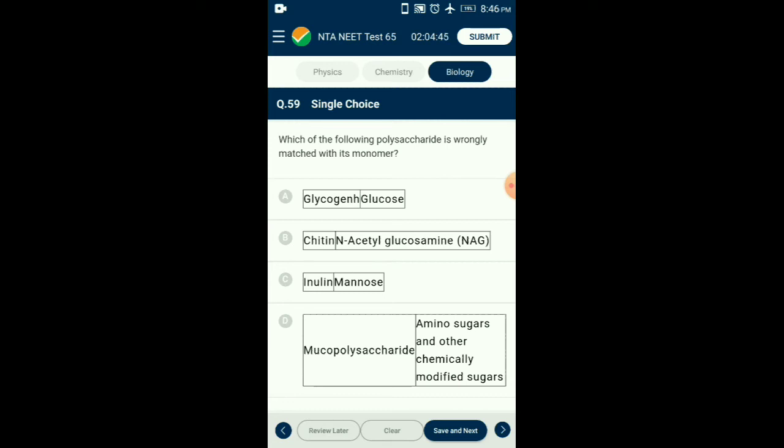Inulin, it is made up of the monomer mannose, it is incorrectly matched. D. Mucopolysaccharide is made up of amino sugars and other chemically modified sugars, that is also correctly matched. So the answer for this question is option C, inulin mannose, it is wrongly matched.